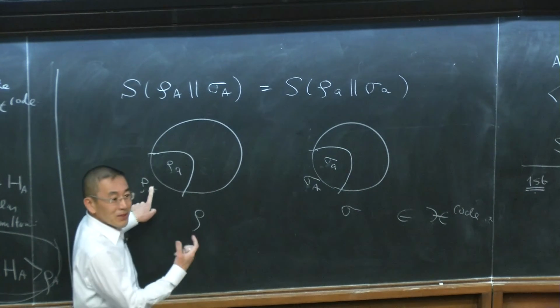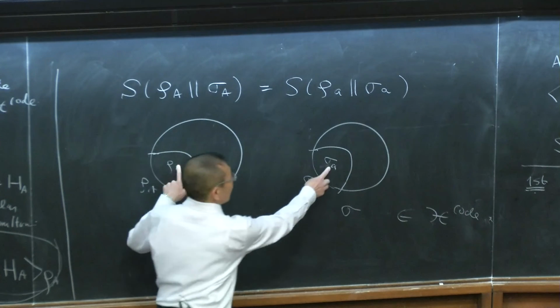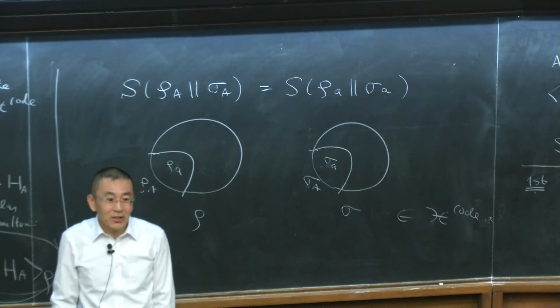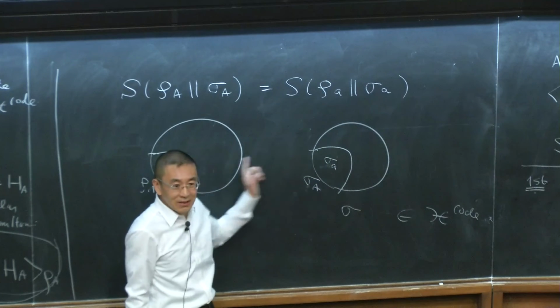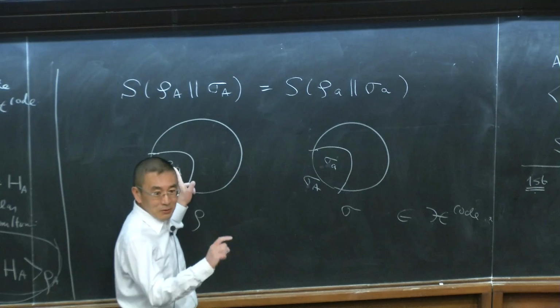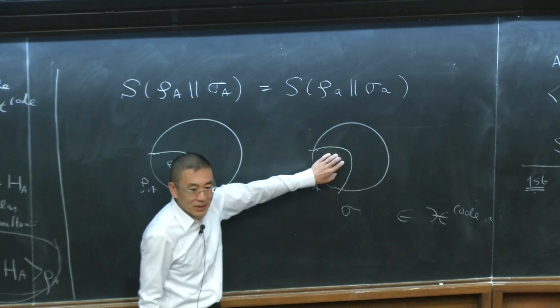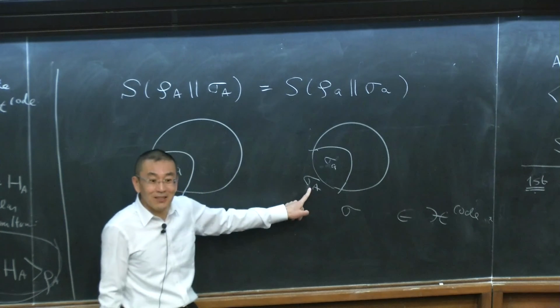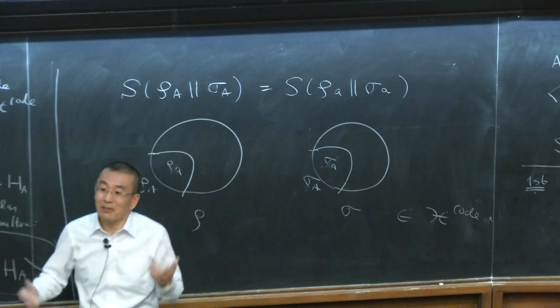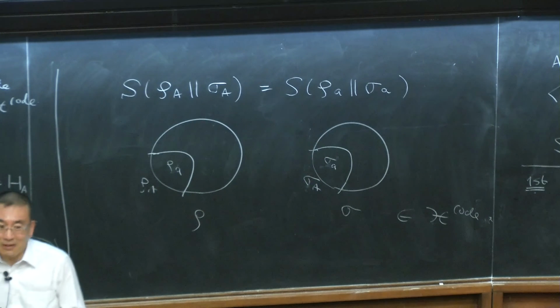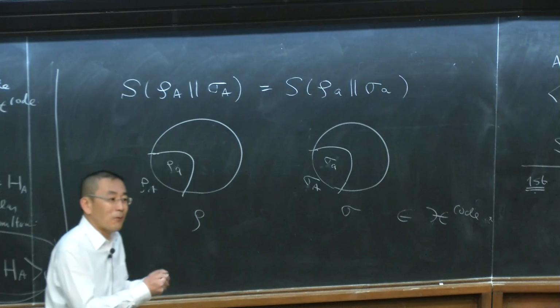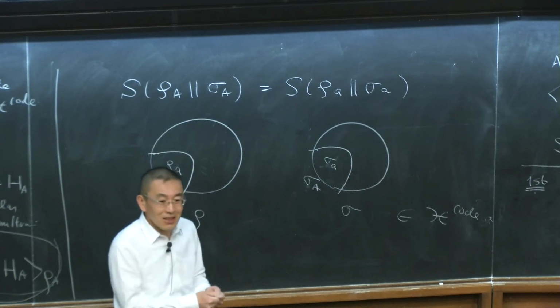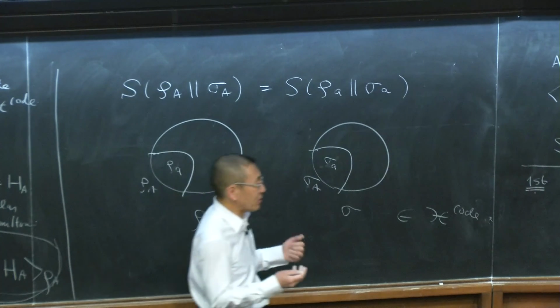And similarly, whatever change you make on the boundary, you can detect in the bulk. So if you excite this infinitesimally by applying some local operator on this side, that can be detected by the boundary. So you can actually simulate that effect by doing some operation on the boundary. This is actually the basic idea of reconstruction.